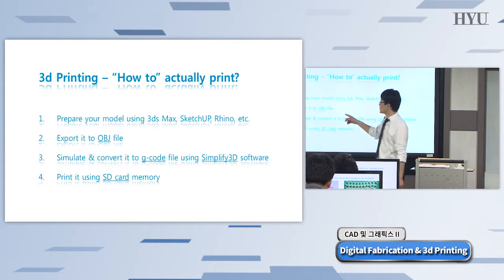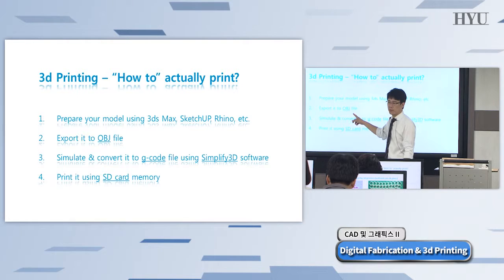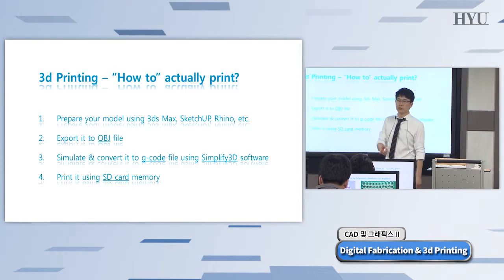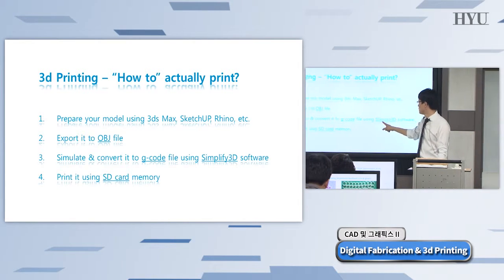And then export that into an OBJ file, object file. Sometimes a different file format is okay, but our 3D printer supports OBJ files. So 3D Max can also export an OBJ file of your geometry, and you need to use another application, not 3D Max. Actually, that one is Simplify 3D.